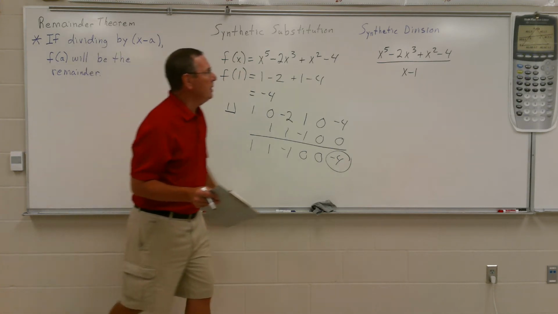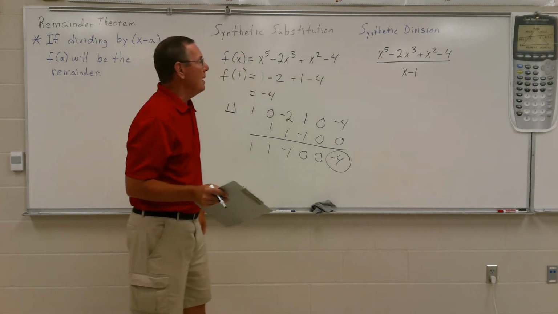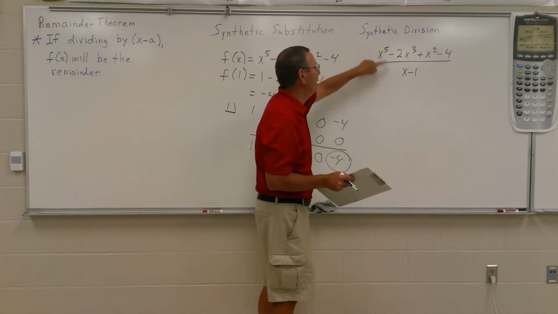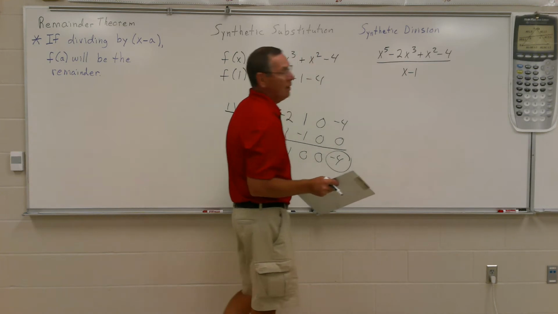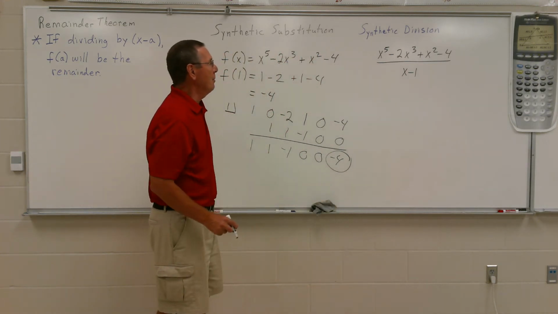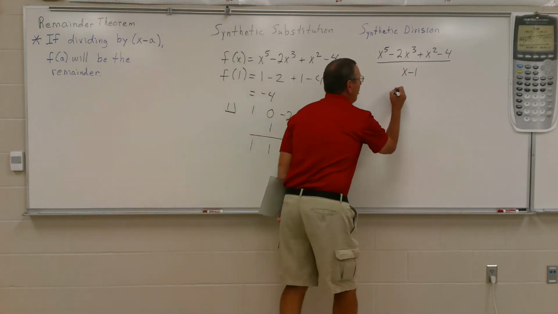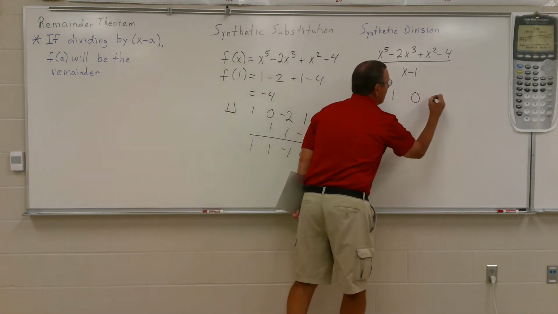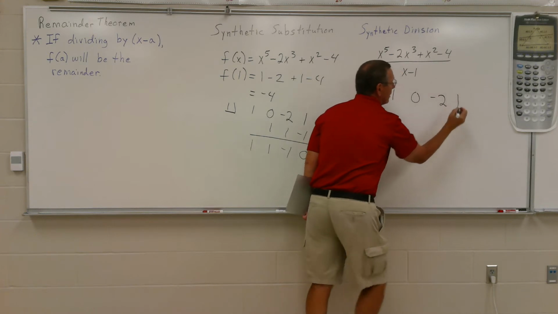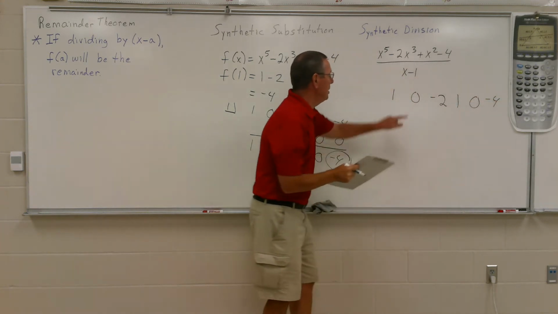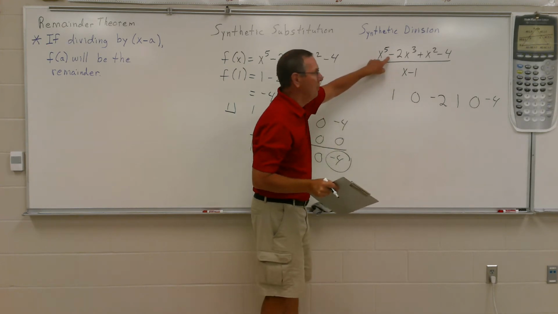Okay, next we also did synthetic division earlier. Now I've got this polynomial, this quintic, because it's x to the 5th power, divided by x minus 1. If we have to divide that into there, I'm going to do almost the same thing I did over here. I'm going to copy down my coefficients again. Make sure you put 0 because I have 0 of those x to the 4th.